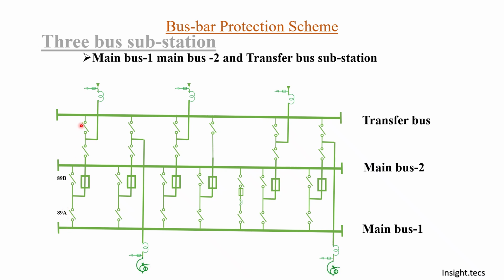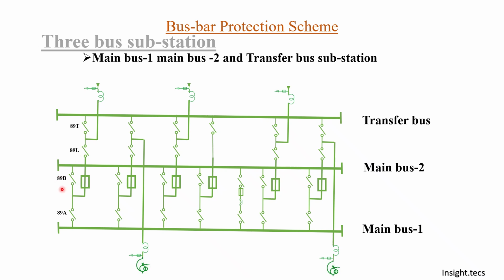The third isolator which is connected to transfer bus will generally be named as 89T, and there will be one equipment isolator, or if it is connected to line, then it will be 89L isolator. So in the general scenario, this is how the identification of isolators is done. In some cases the naming will be as 89A, B, C and D as well. T represents transfer bus, L represents line over here.